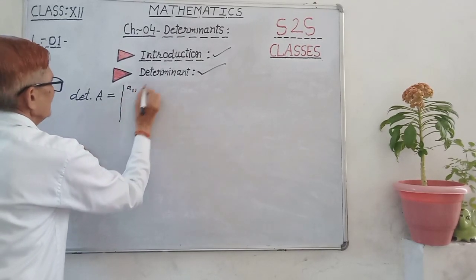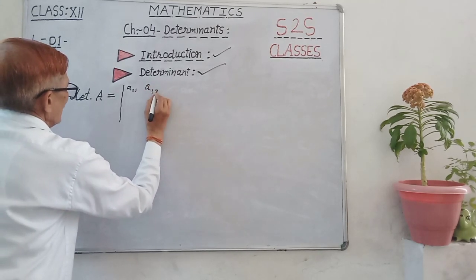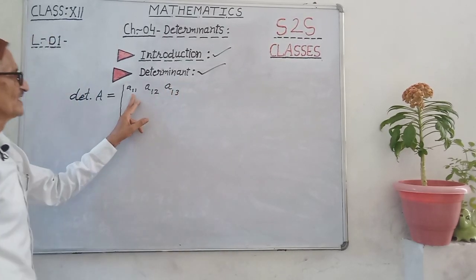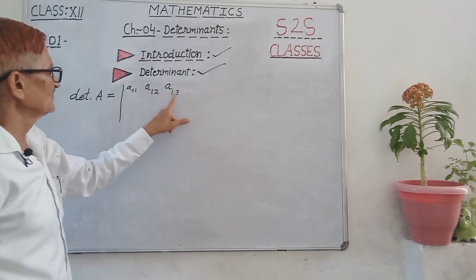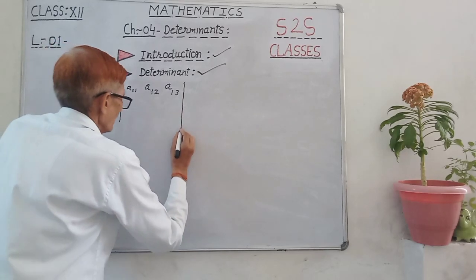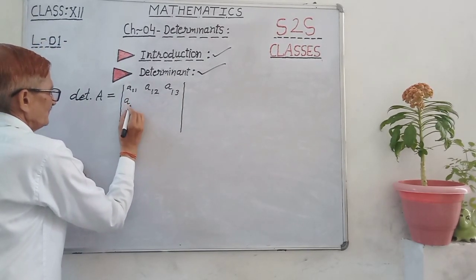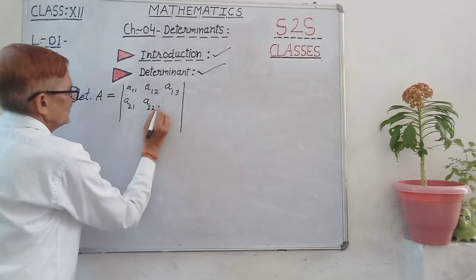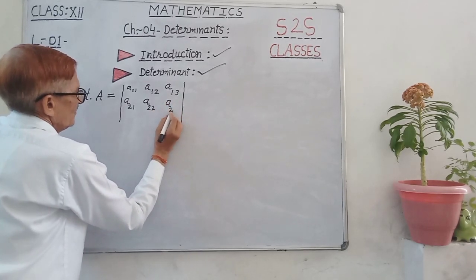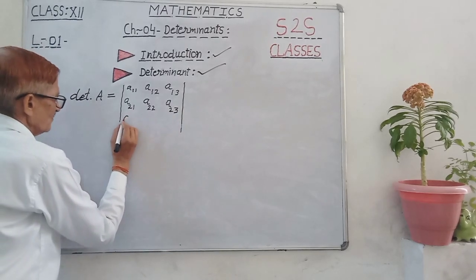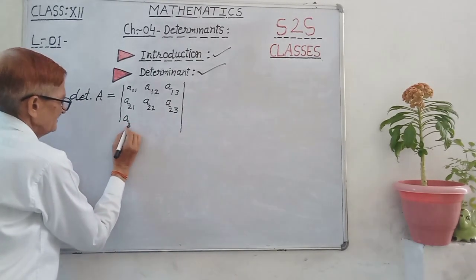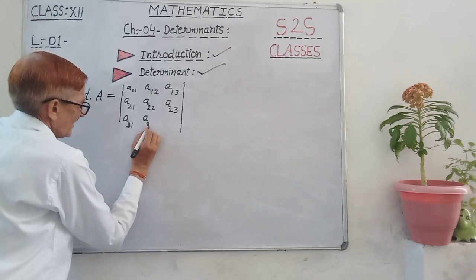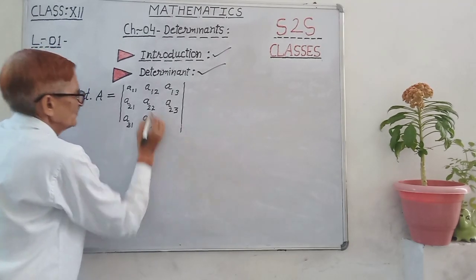A11, A12, IJ, स्टैंडर्ड A13, third column, first row, column first, second column, third column. You know IJ general form. Then second row, column 1 element, second row column 2 this element, second row column 3, then third row means R3, I3, J1 column 1 this element A I3, third row and column is 2 column का element है.